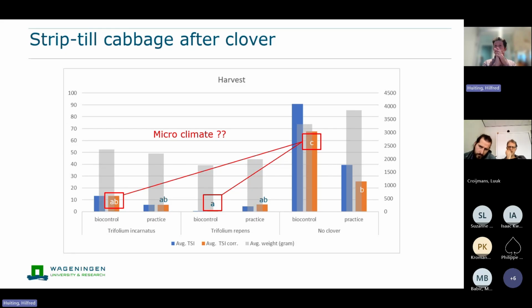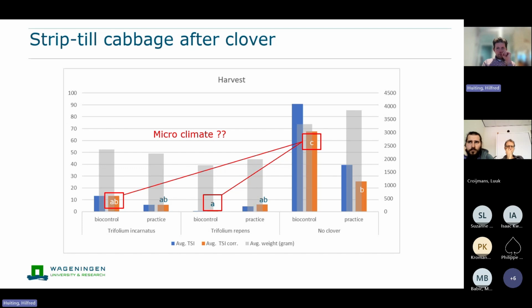That could be a reason, but again, it was a demo, it's not a trial, so we cannot be all too conclusive here. But there's something there. So this was a very experimental, and I might say impractical, at least from a grower's point of view, approach, but very insightful, I think.